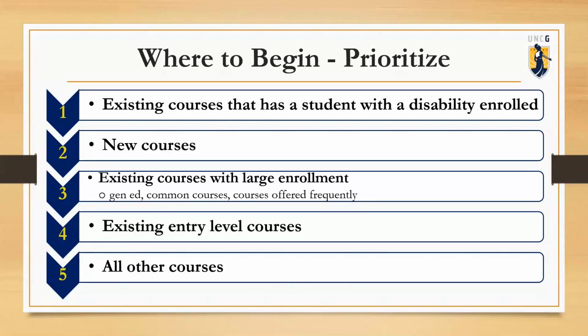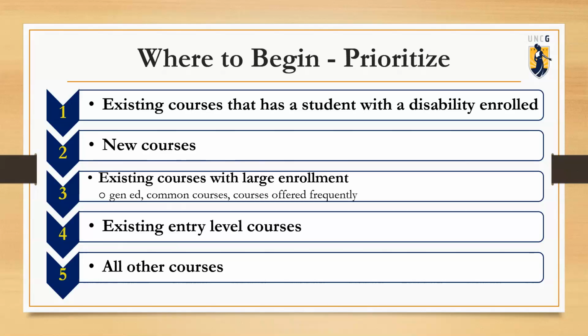So of course, the first type of course that you're going to want to look at, or a course that would need to take precedent for being remediated, would be an existing course that you have, and you know that there's a student who is enrolled who has a disability, or you're aware of a student with a disability who is planning to enroll in your course.